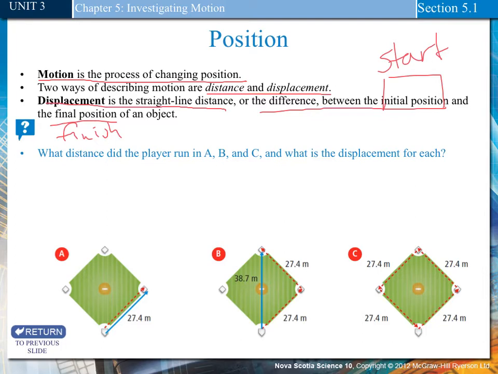Question: what distance did the players run in A, B, and C? What displacement for each? Pause the video and have a look.